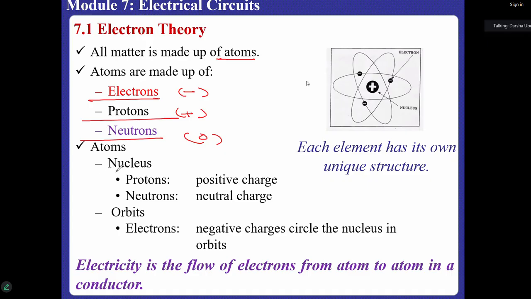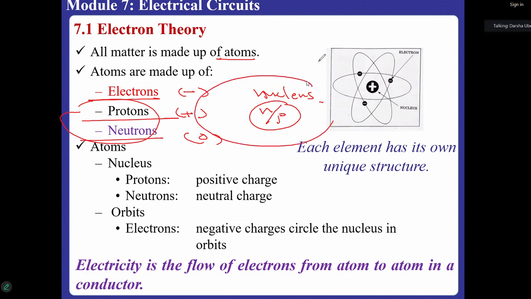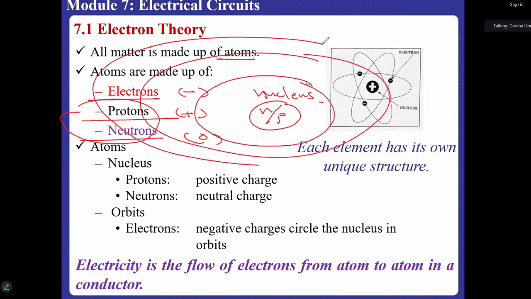Normally, neutrons and protons are included in the nucleus. Inside the nucleus, only neutrons and protons are there. Around the nucleus, it has orbits, and in these orbits only, electrons are moving.